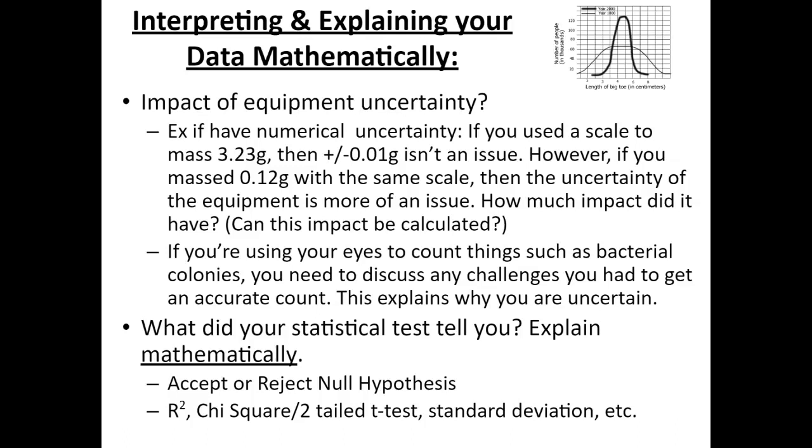If you did something like counted bacterial colonies, but you had done serial dilutions first to dilute it down, then you would have numerical uncertainty in regards to doing all that math as you dilute the solutions down, because ultimately you're counting a much smaller number of bacteria, and then you're going to multiply it to say how much bacteria you estimate was in your original larger, more concentrated samples.